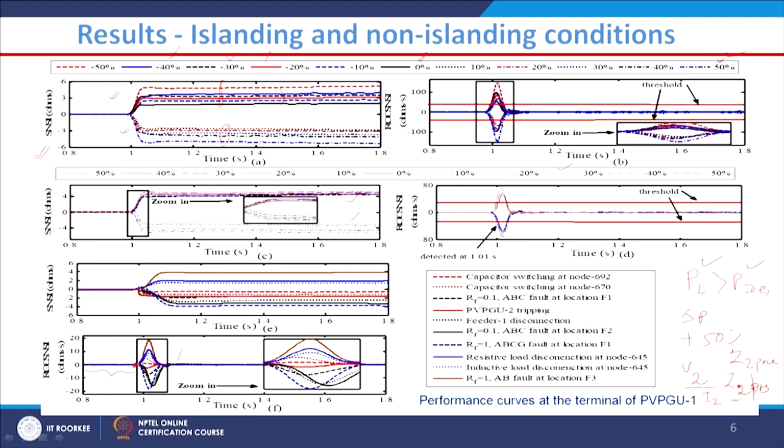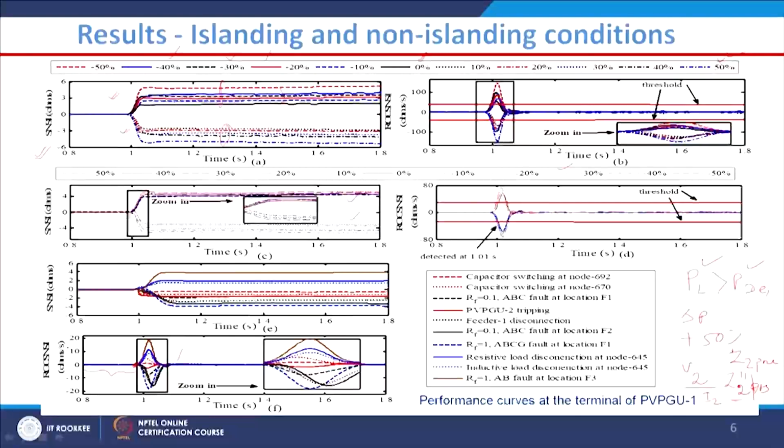From 0 to 1 second, the rate of change of SNSI is 0, because before the disturbance Z2 post is equal to Z2 pre. The difference between two consecutive impedance values is constant, so before the islanding the difference is 0.